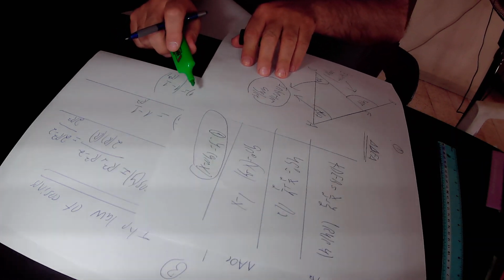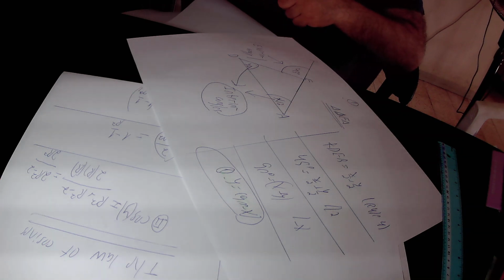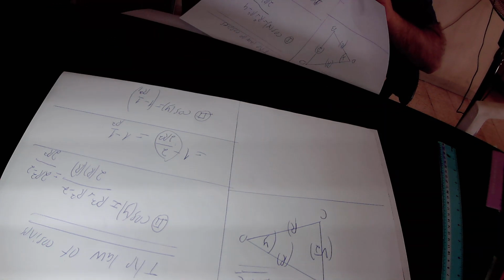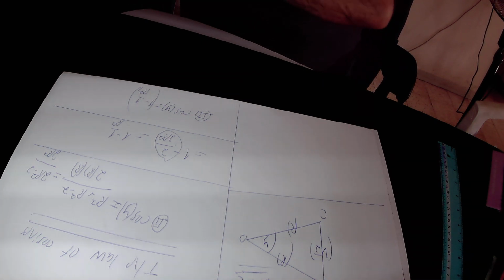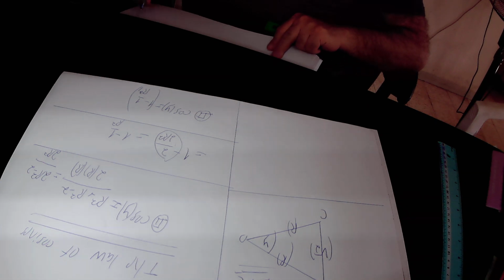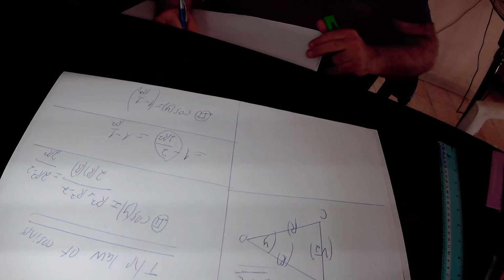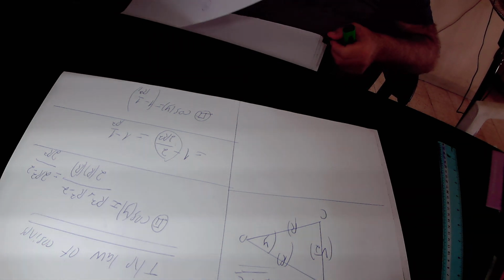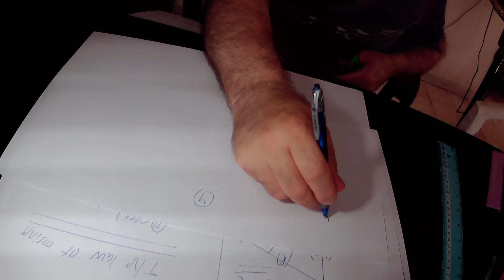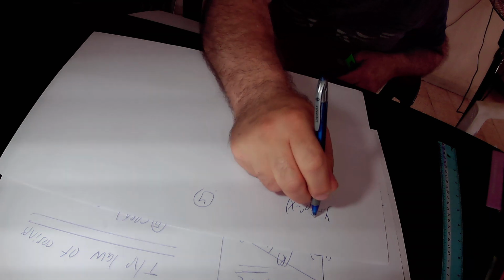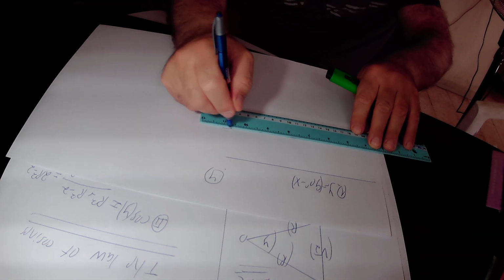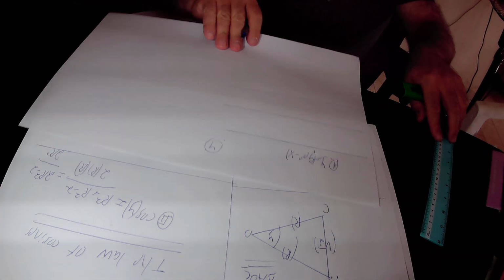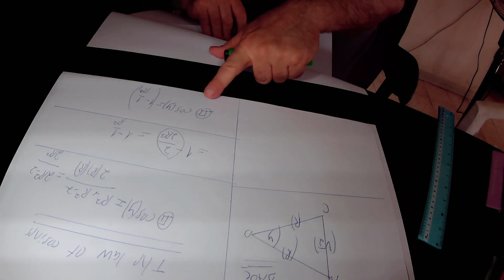We already found out that y equals 90 degrees minus x. Moving to equation 1, and according to equation 2, cosine y equals 1 minus 1 over R square.